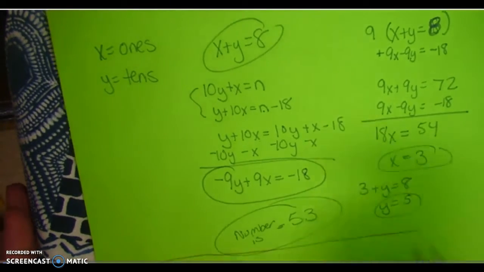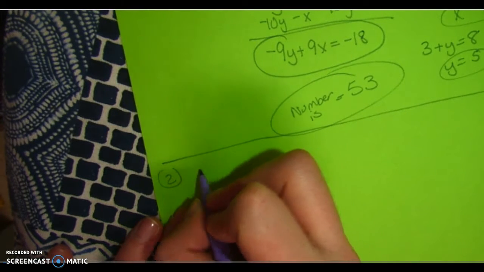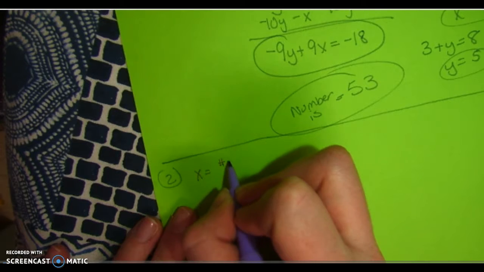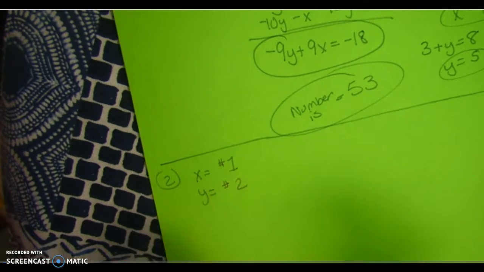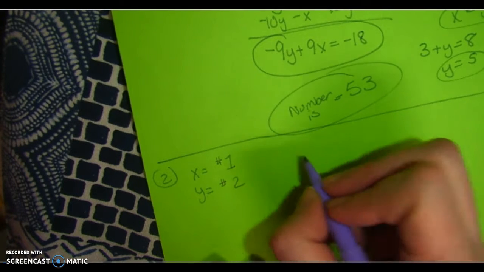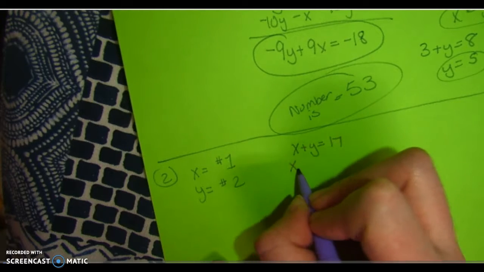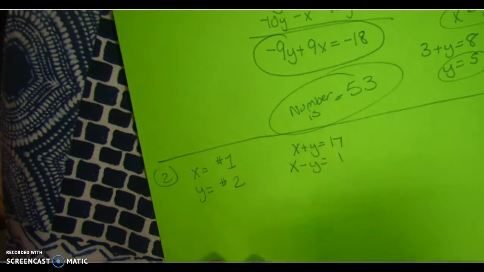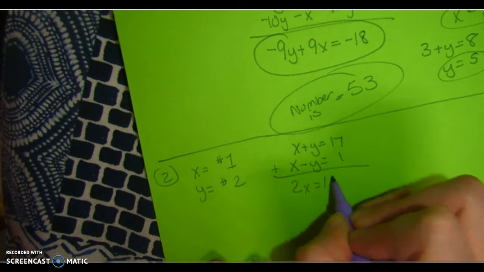Okay, so I'm going to show 2. I'm going to make x be my first number and y my second number. So I know the sum of the two numbers is 17. So I know x plus y equals 17. And their difference is 1. This is nice and set up for us. So I can do 2x equals 18.